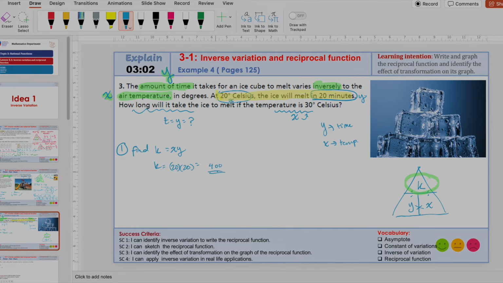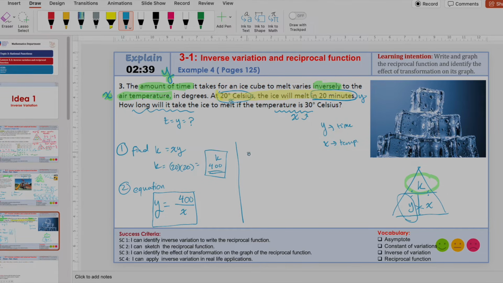That's your k, okay? And then write your equation. Remember, the equation always starts with y. Y equals, so look at your y, you're gonna have k and x divided. So k divided by x, but the k is 400, so substitute it. That's my equation, done. I have the k, I have the equation.